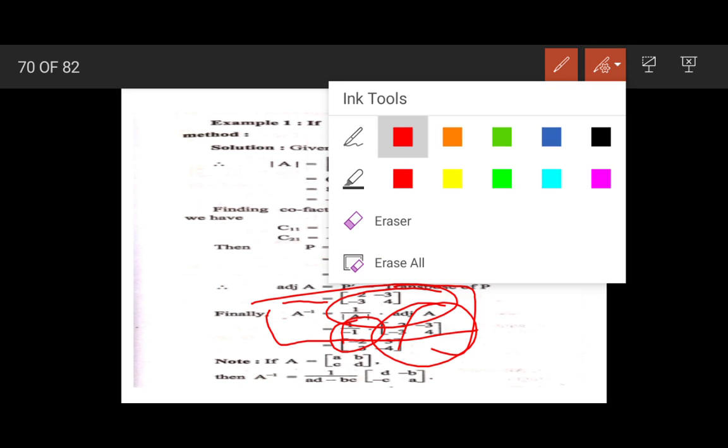Okay. So finally we get A inverse is equal to -2, 3, 3, -4. Okay, multiplying this matrix with -1, we get -2, 3, 3, -4.